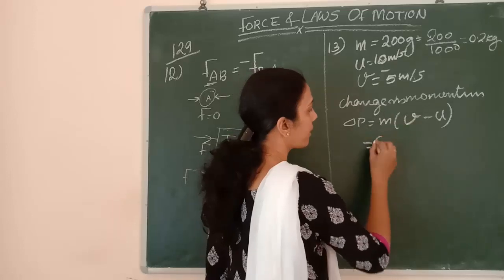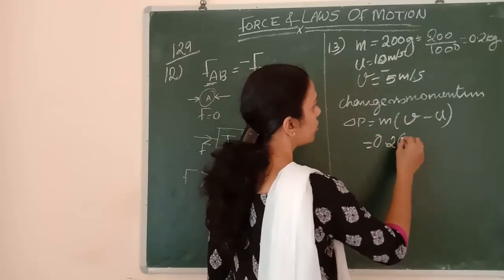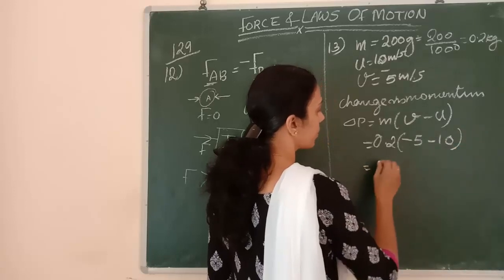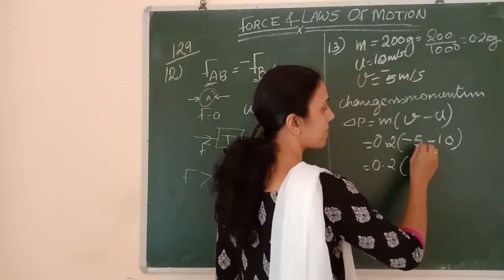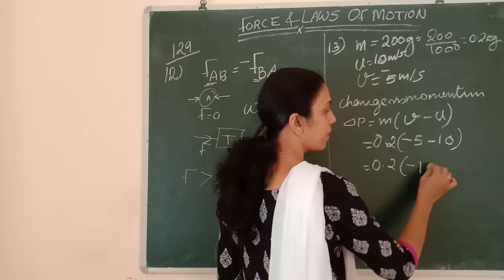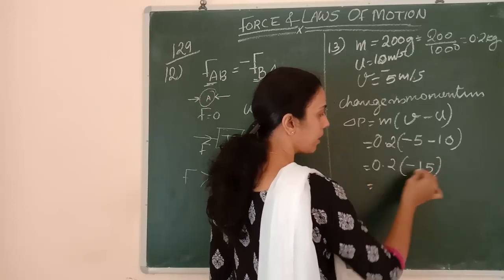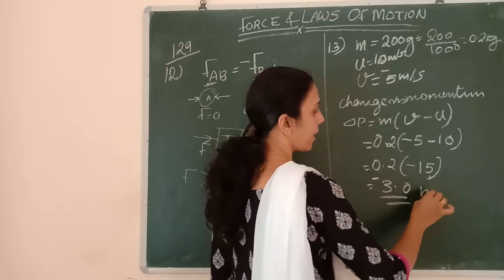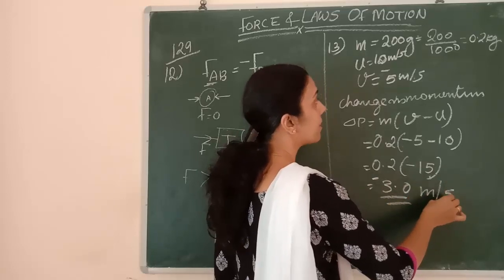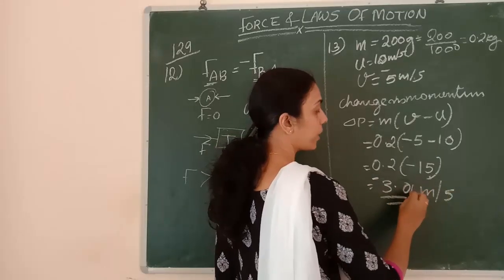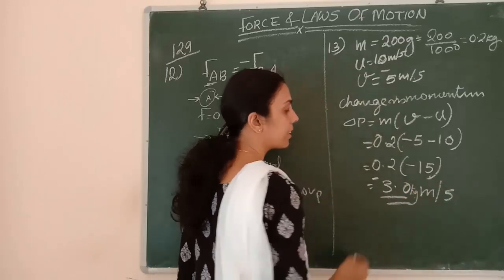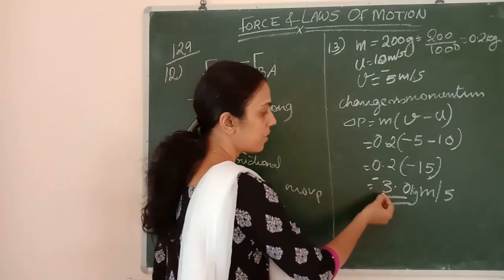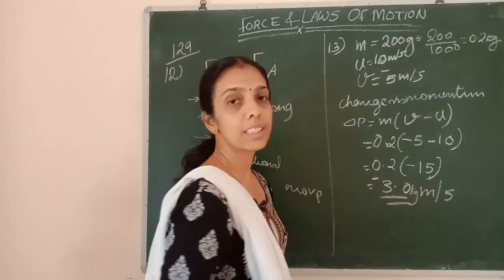So it is 0.2 into minus 5 minus 10, which is 0.2 into minus 15. 15 twos are 30, so it is minus 3 kilogram meter per second. This is the unit of change in momentum.